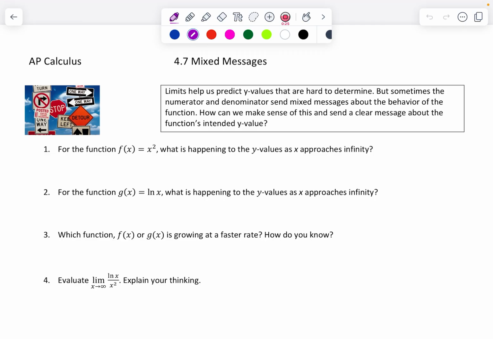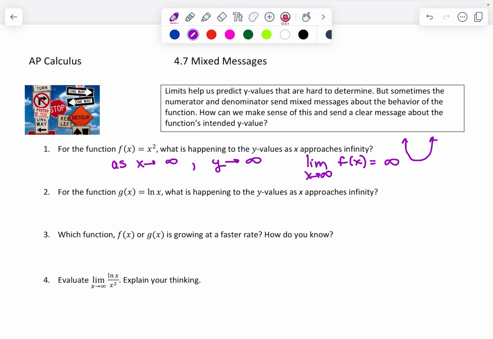So in number 1, it says for f of x equals x squared, what is happening to the y values as x approaches infinity? Well, as x approaches infinity, y approaches infinity. So we could say the limit as x approaches infinity of f of x goes to infinity.